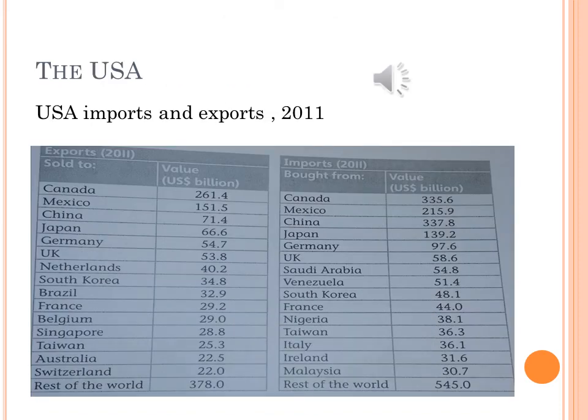Trade imbalances. The present pattern of world trade gives the countries that export manufactured goods and services an advantage over the countries that export raw materials, primary products. Here we have a diagram.